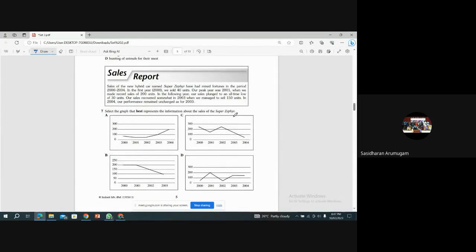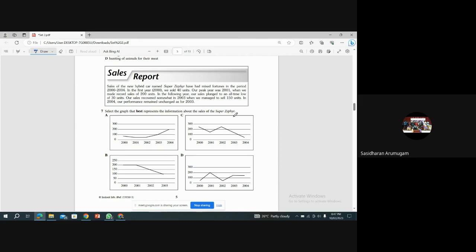Okay, sales reports. This one you must have some ideas on how to read, how to study the graph, or how to interpret the data. Okay, sales of the new hybrid car named Super Zepri have had mixed fortunes in the period of 2000 to 2004.